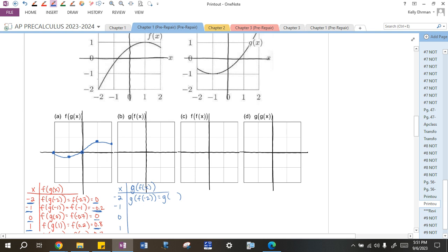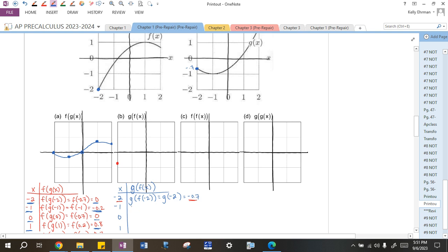So when x is -2, f is at -2. That means we're really looking at g of -2. At -2, where does g's graph hit? Maybe -0.7 again. Right, so I can plot this point at -2, -0.7, kind of there.